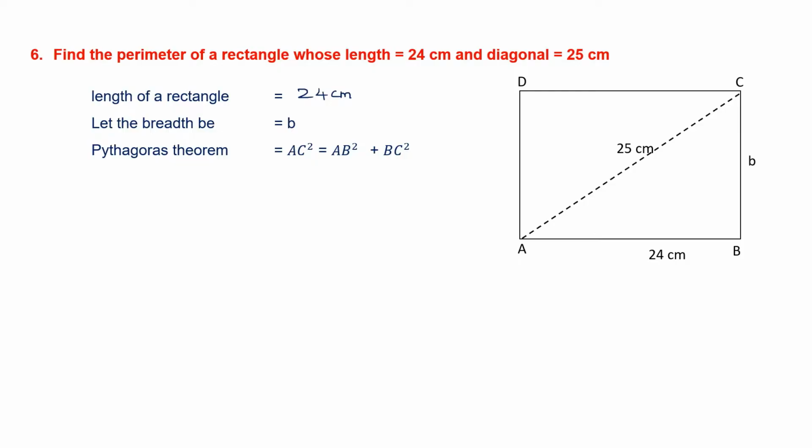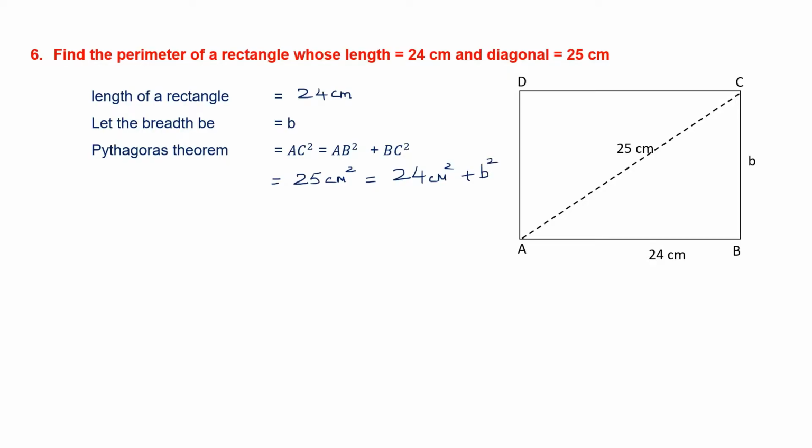So let's substitute the values. AC is the diagonal which is 25 centimeters. So 25 centimeters square is equal to, how much is AB? AB is 24 centimeters square plus B square.